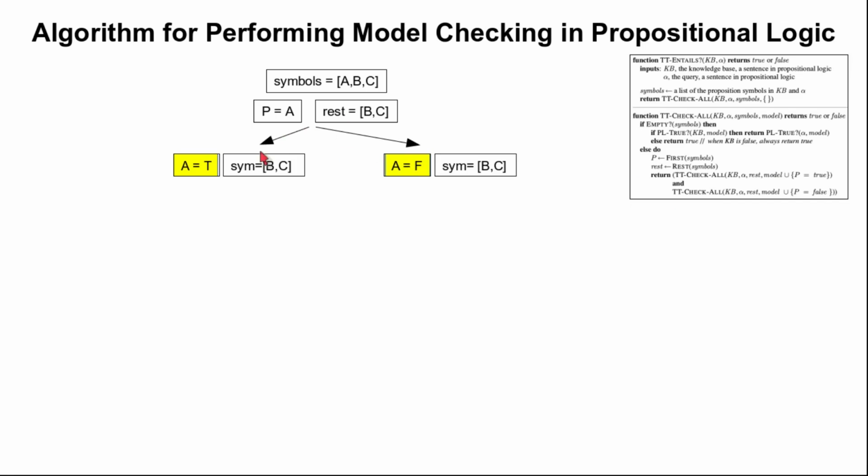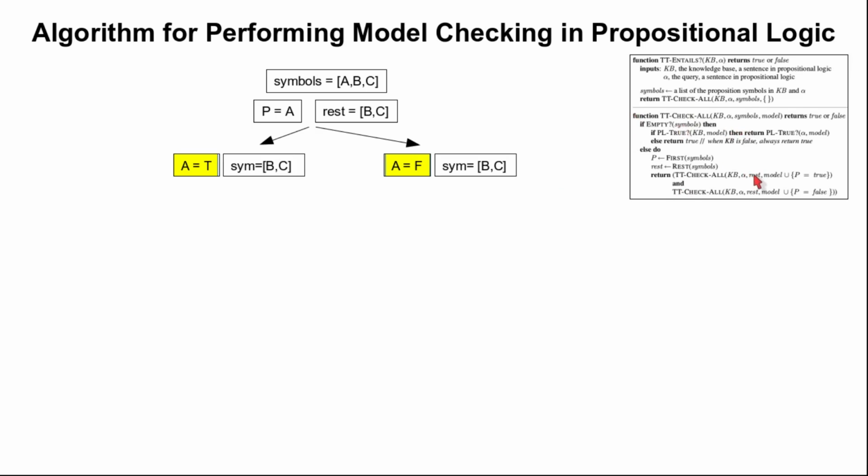So for this call our partial model will be A equal to true, and for this call our model will be A equal to false. And as we make the recursive call we pass the value of rest. So rest is BC, so we will pass BC in both calls.